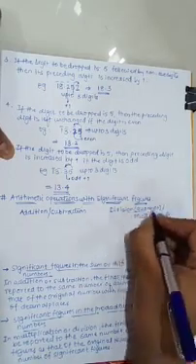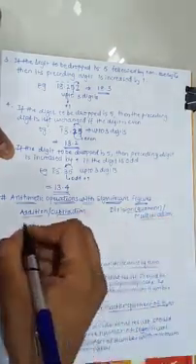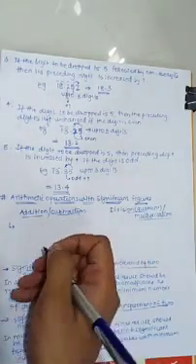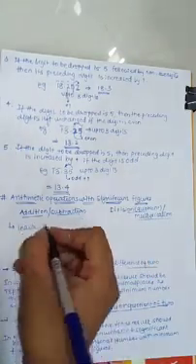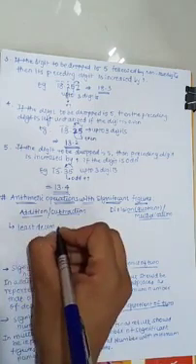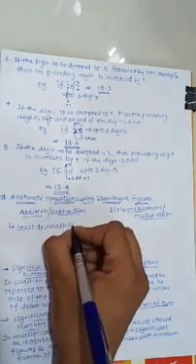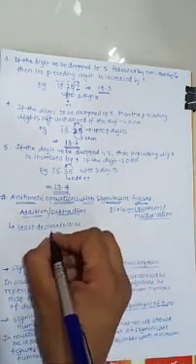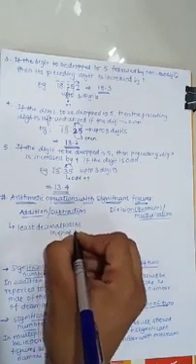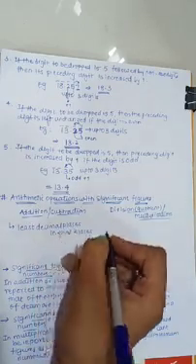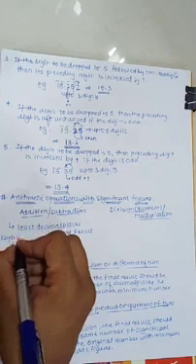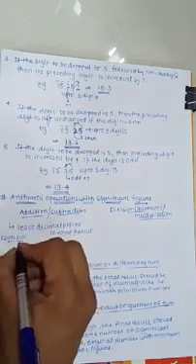Clear? In addition and subtraction you have to remember that we take the least decimal places in the final result. This is the key to success.